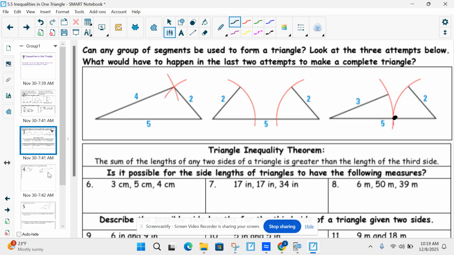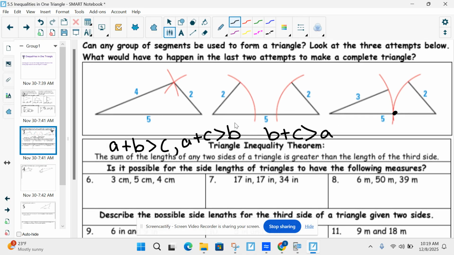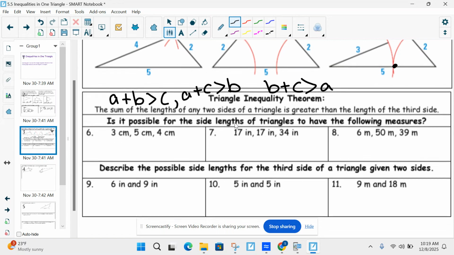So our theorem says that A plus B has to be greater than C, A plus C has to be greater than B, and B plus C has to be greater than A. All 3 of those must be true for it to form a triangle.